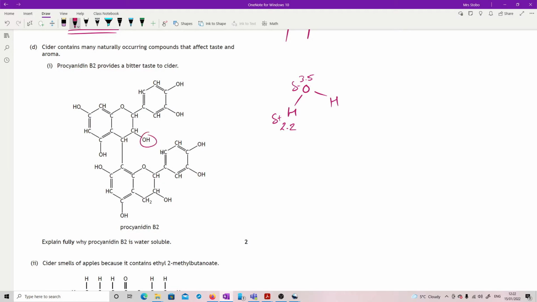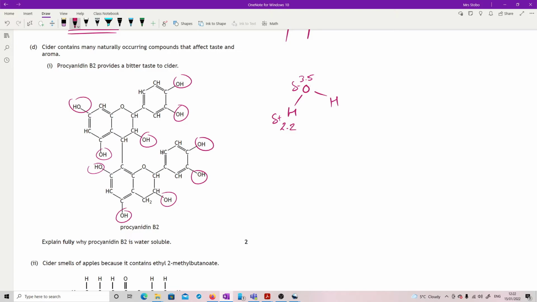If you look at this, there is an awful lot of hydroxyl groups. Every single one of those will be polar, and every single one of those will happily make bonds, hydrogen bonds even, not just normal dipole-dipole, but a very specific one, which will make it soluble.